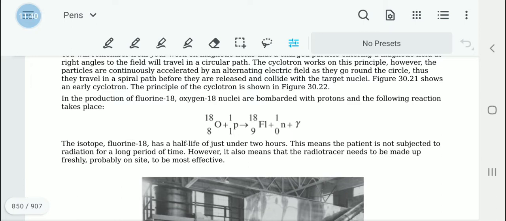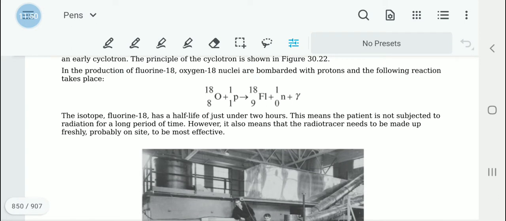So this is the proton that we are talking about. These cyclotrons are actually used to create the radioactive isotope that we require. When fluorine 18 is to be produced, oxygen 18 nuclei are bombarded with protons and we get this.